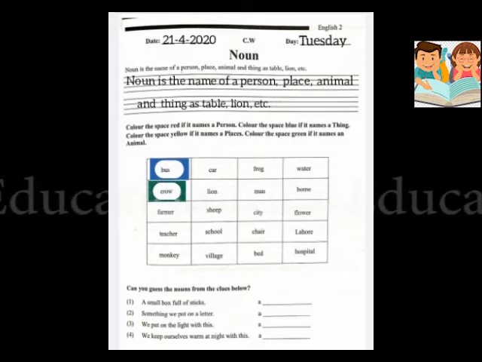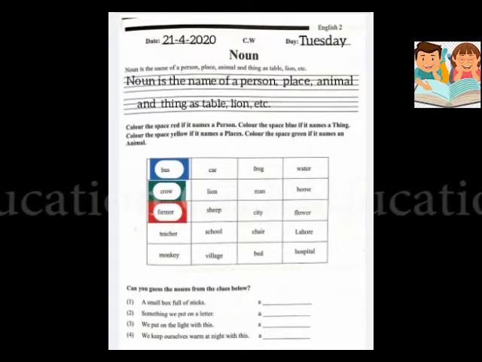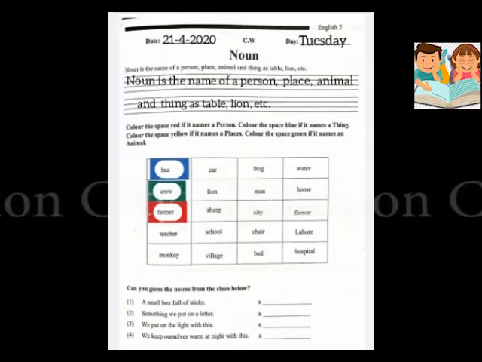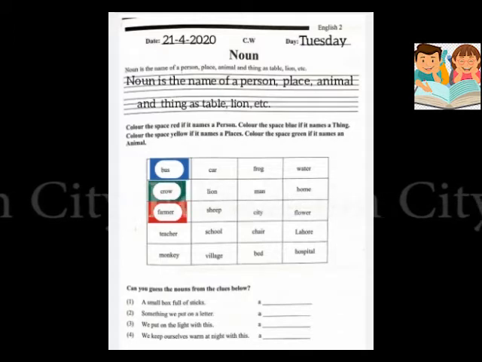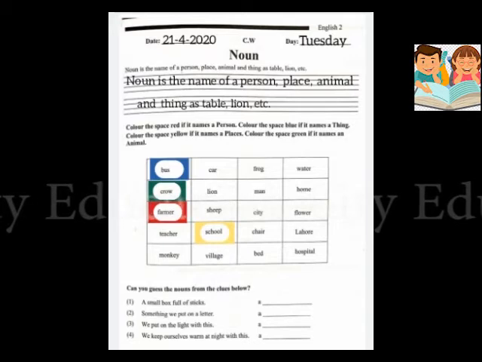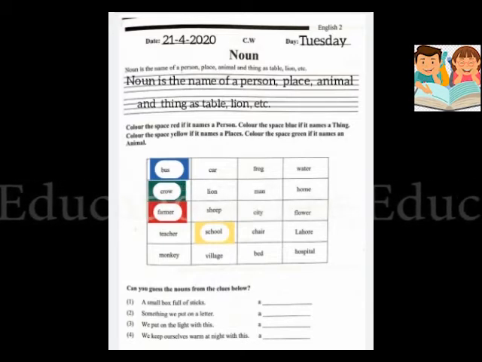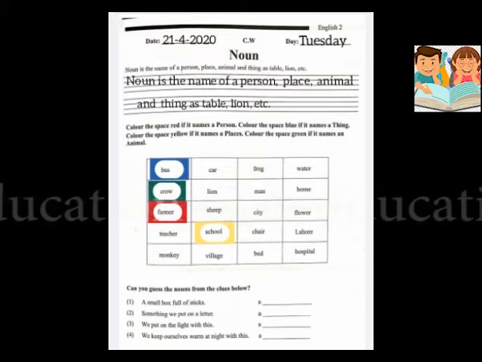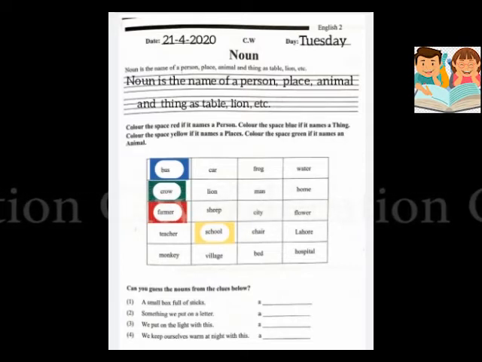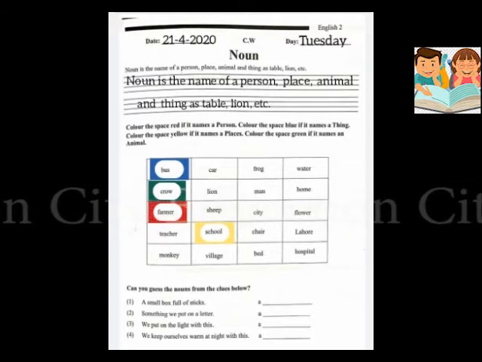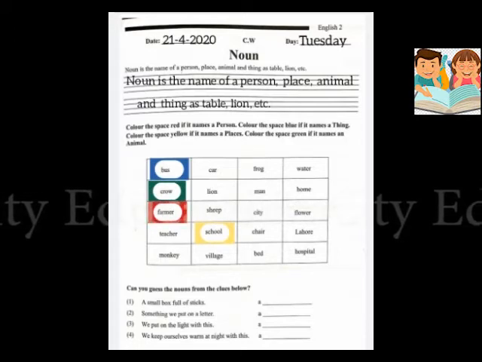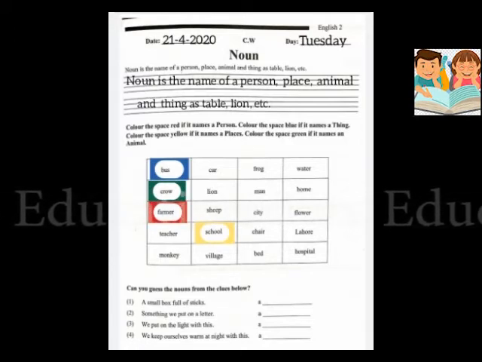You will color it red because it's a person's name. And we will color the space yellow for a place's name. As here the school is a place, so you will color the space yellow. And you will also color the other persons, things, places and animals by coloring red, blue, yellow and green. Okay, got it?